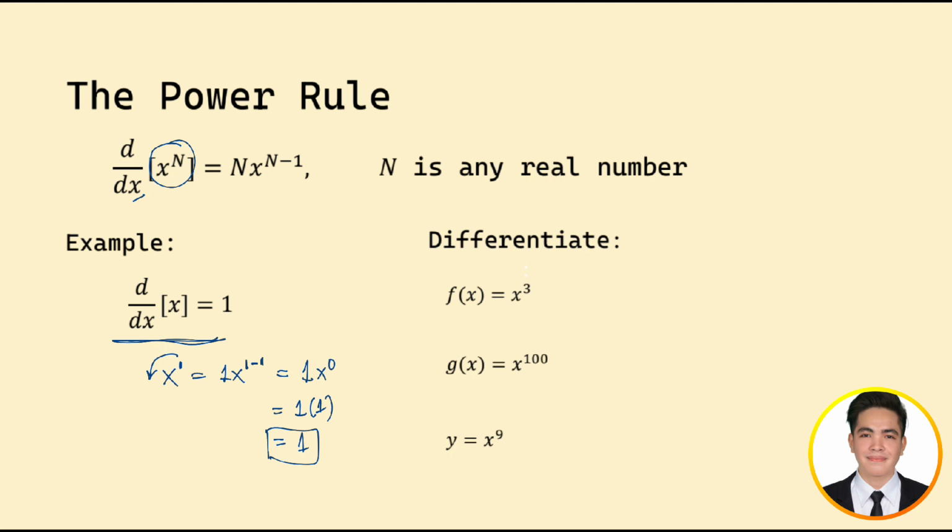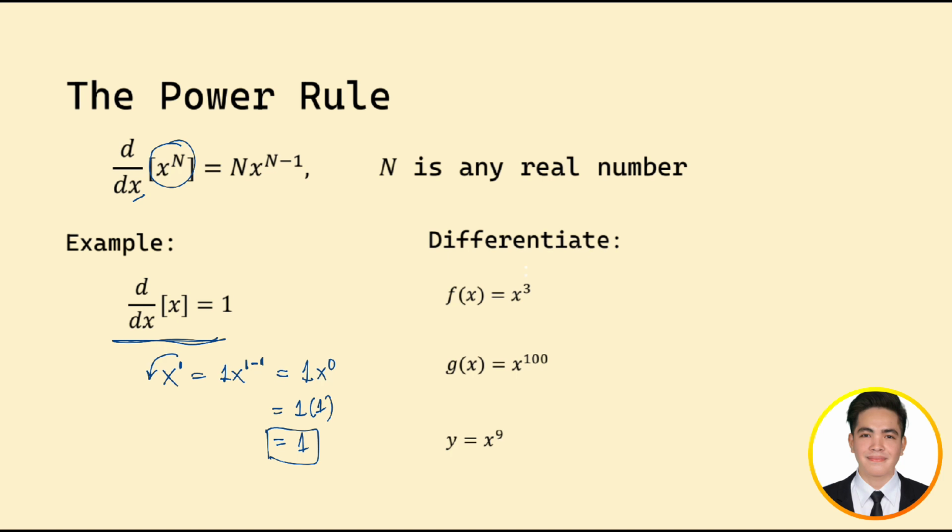The first one is f of x is equal to x cubed. So let's differentiate this one. Let me use another color. So it is pretty easy.